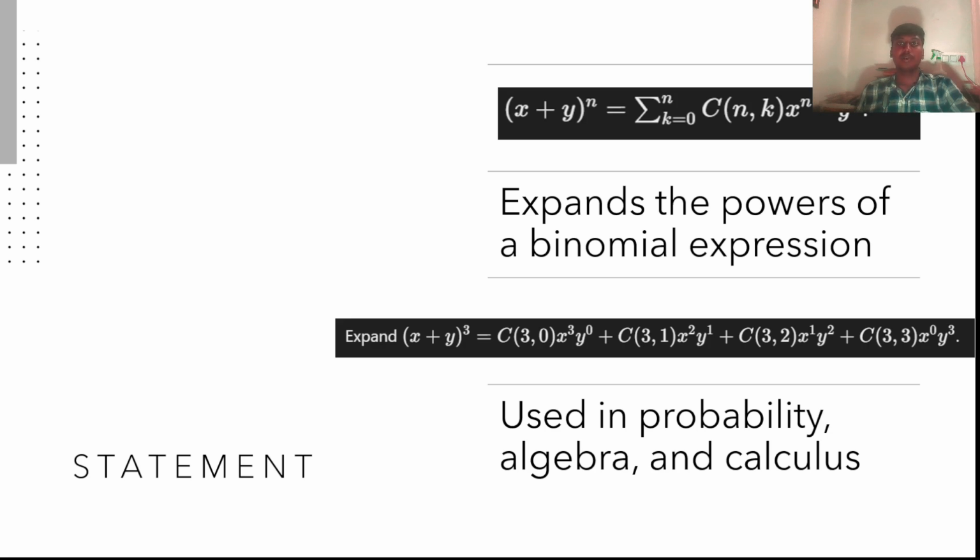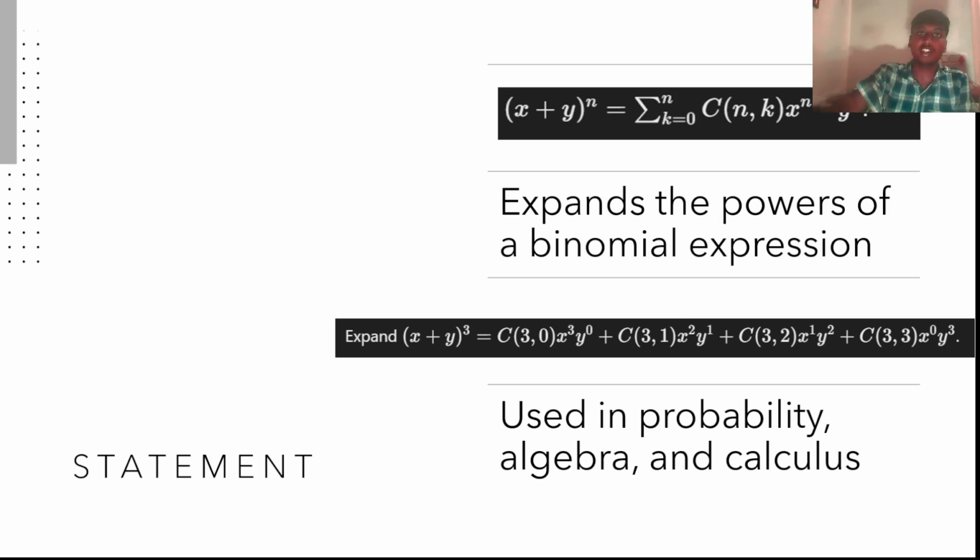It expands the powers of a binomial expression. For example, expanding x plus y whole cube equals C of 3 comma 0 x cube y to the power 0, plus C of 3 comma 1 x square y to the power 1. So this is the summation expanded version.